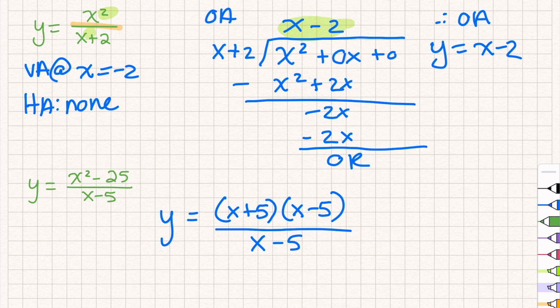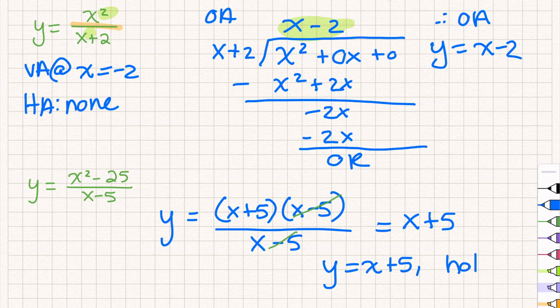We're able to cancel these out, so we're left with x plus 5. Because we're able to cancel these out, we have a line, y equals x plus 5. However, there's going to be a hole at x equals 5. There's no vertical asymptote, and we also do not have a horizontal asymptote.